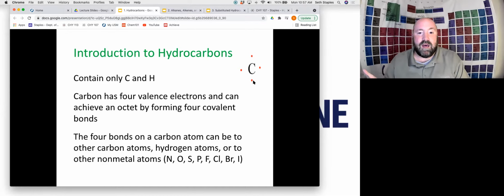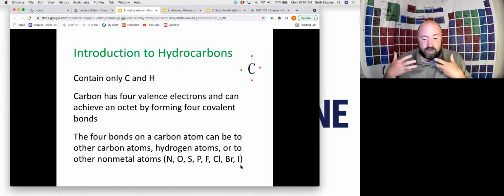Carbon can be covalently bonded to a hydrogen atom, or to other nonmetals, like nitrogen, oxygen, sulfur, and so forth. That makes carbon such an incredibly versatile element that it really is the backbone of all life. And that's why carbon has its own branch of chemistry known as organic chemistry.